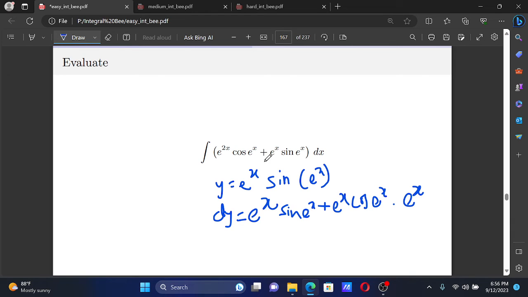So this is exactly the same expression. So this is just dy, and its integral will be y plus c, and that is e to the power x sine of e to the power x plus c.